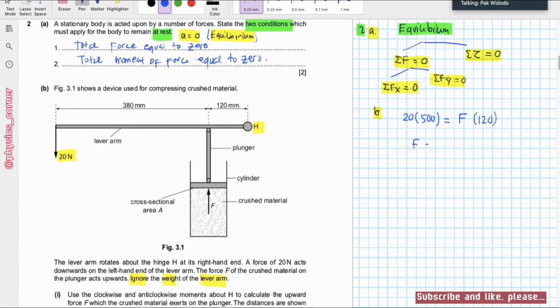So force equals 10,000 divided by 120. How much is it? This is about 83 newton.